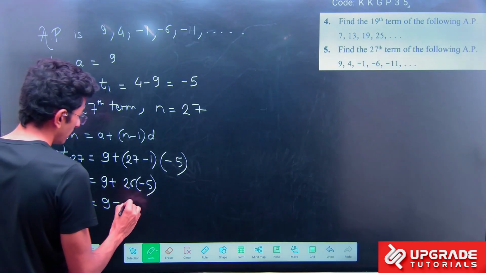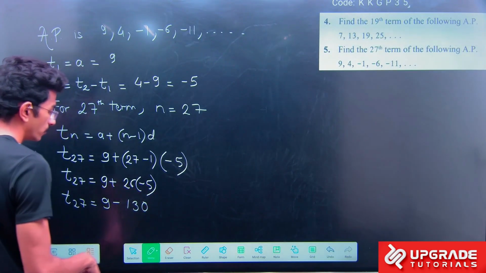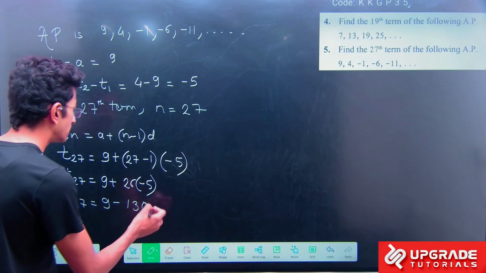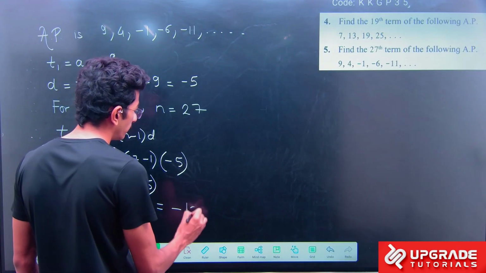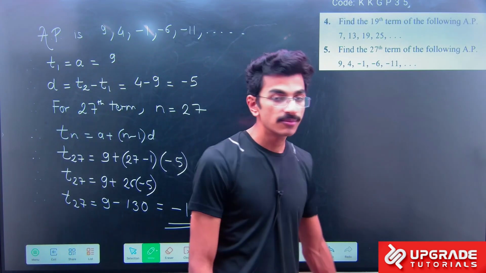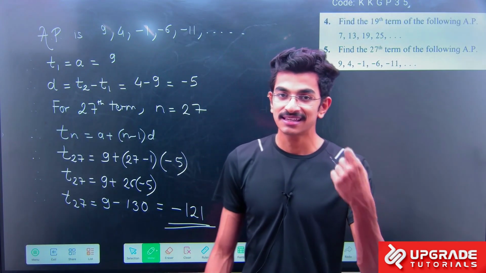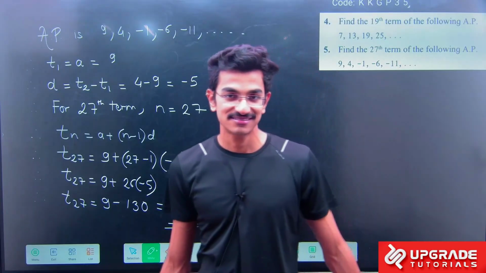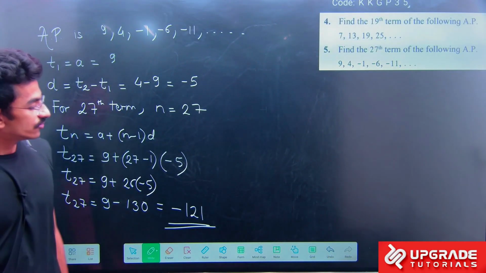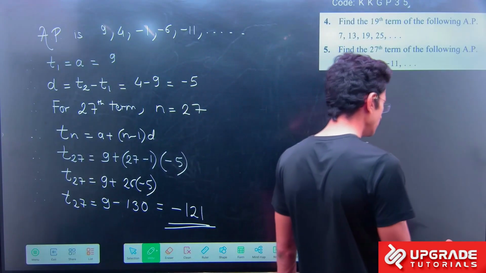It is 130. Plus minus becomes minus. 9 minus 130 is nothing but minus 121. Just take care of the signs, because even a single sign mistake can lose your marks. Okay. So let's move on to further question.